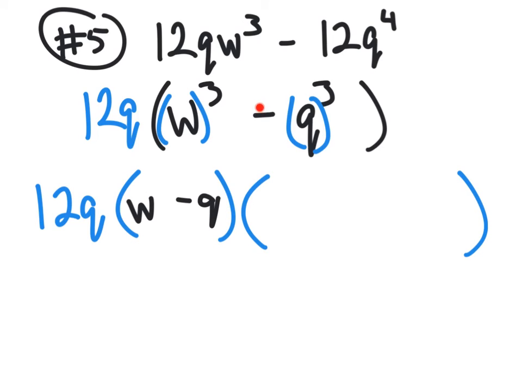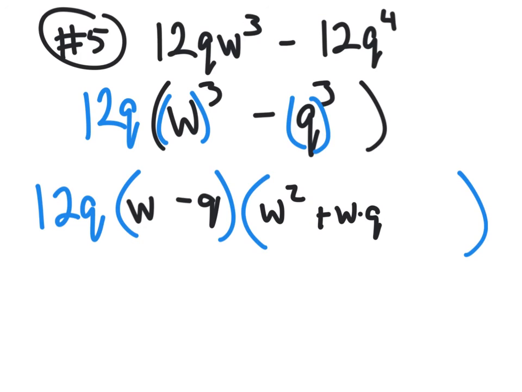If you had a minus sign, it's going to have a minus sign. Whatever term that is, W minus Q. And then you go for your trinomial. What's that first term? W squared. And it's not like you have a number. You can't do anything with W squared. You just write it. And then your middle term is A times B, which is simply W times Q. And it is positive, because if it started out with the minus, this middle term is going to be positive.